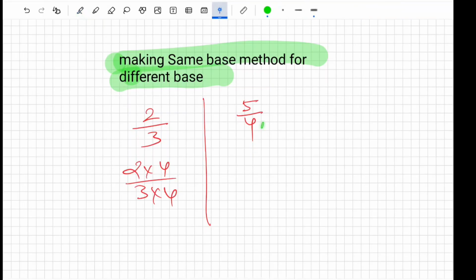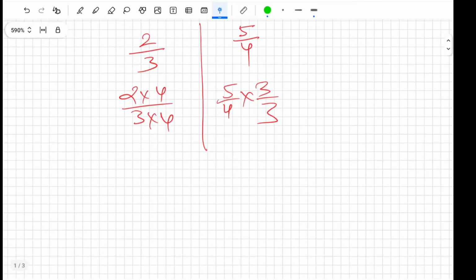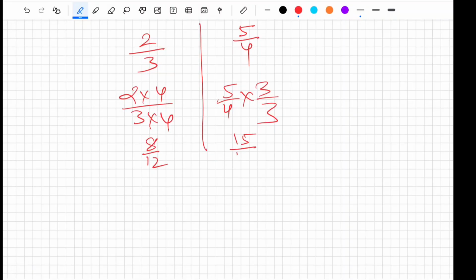We have multiplied this 4 on the numerator and denominator, and here you will multiply by 3 on the numerator and denominator. So what will we get? We will get 8 by 12 and 15 by 12.